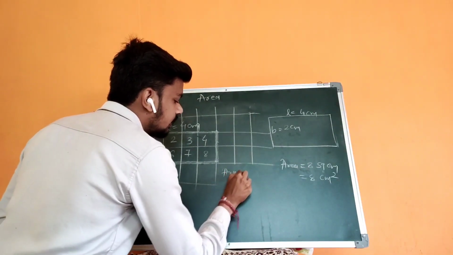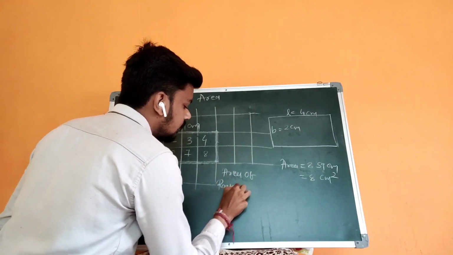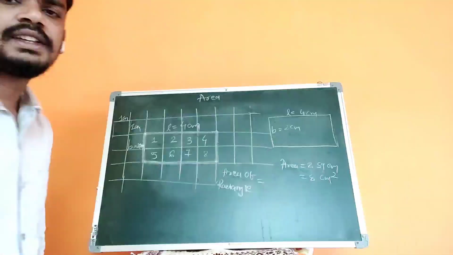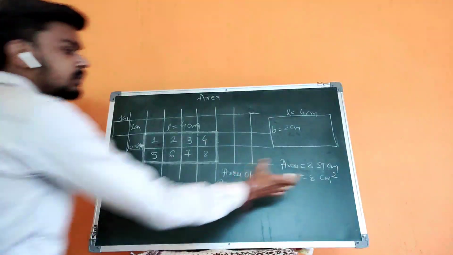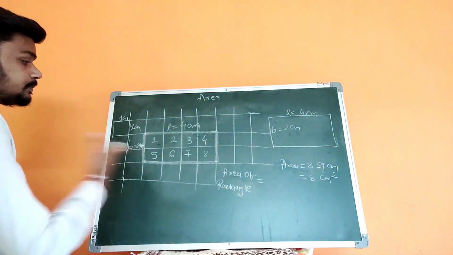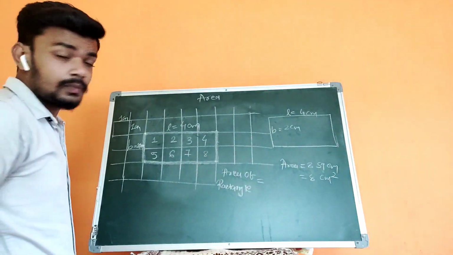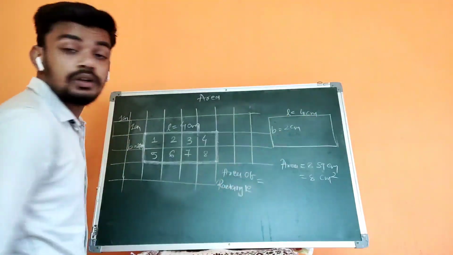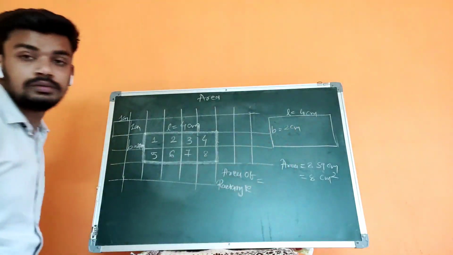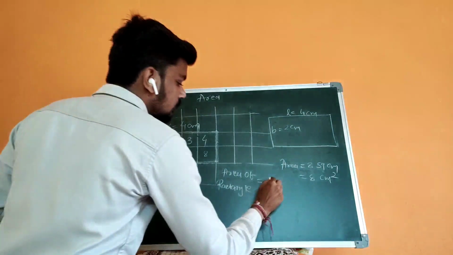I will put the area of rectangle. We got the answer as 8 centimeter square. Now from that 8 we'll make the equation for the rectangle. If you just focus on the length and breadth of that rectangle, you get 4 and 2, right? Now let's just multiply that 4 and 2.